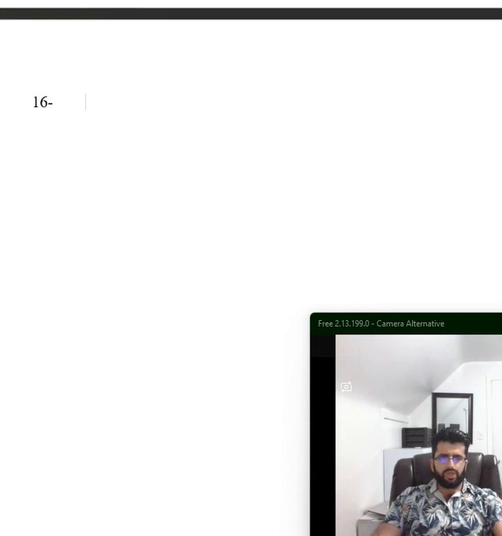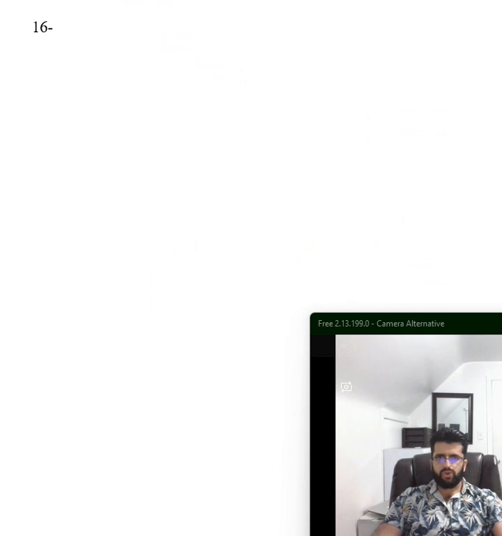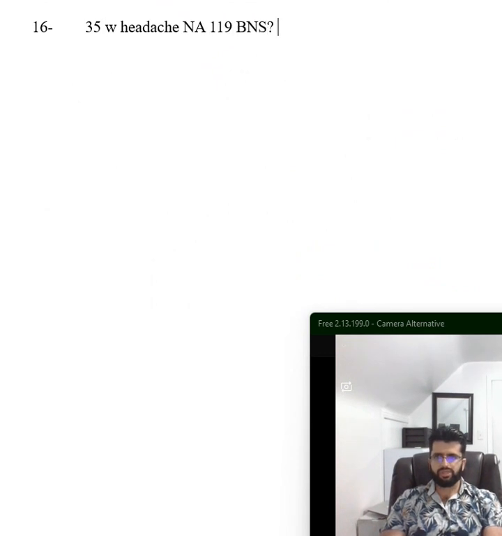Now, this other case is kind of high yield as well. If you see a 35-year-old woman come in with headache and sodium of 119, okay, and they ask you what's the best next step. So sodium is pretty low, so you can do 3% normal saline, okay. This is by infusion pump. You can do 100 cc.